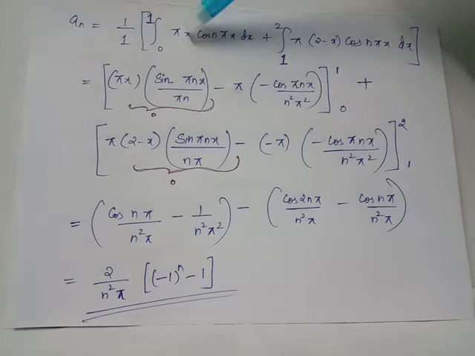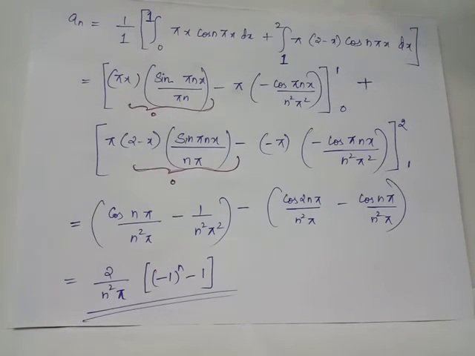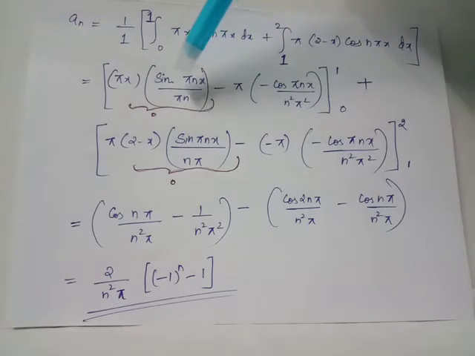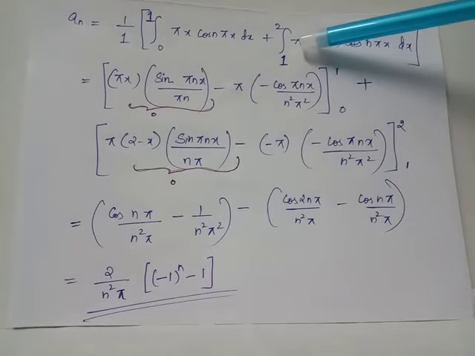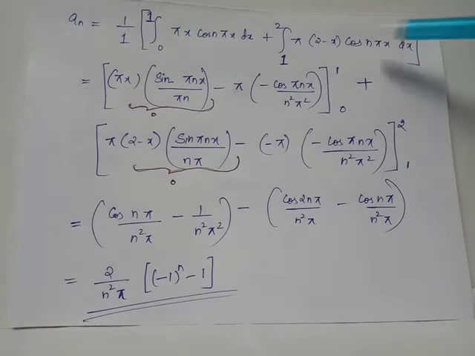Here we have first function as pi x, second function cos pi n x is integrated and we get sin pi n x divided by n pi. This function is differentiated with respect to x, which is written here. This function is integrated and written here. Similarly, here we will treat pi times 2 minus x as the first function and cos pi n x as the second function. Using integration by parts, we will get these terms.